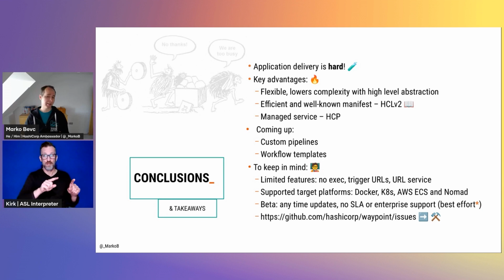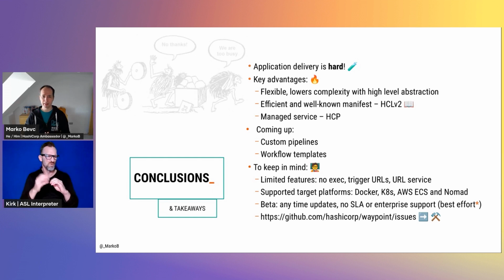If you're familiar with the OSS variant, by default, it will give you a URL service where you would end up with a generated name .waypoint.run, or you can provide your own. Currently supported platforms are Docker, Kubernetes, AWS ECS, and Nomad, but there are more to come.